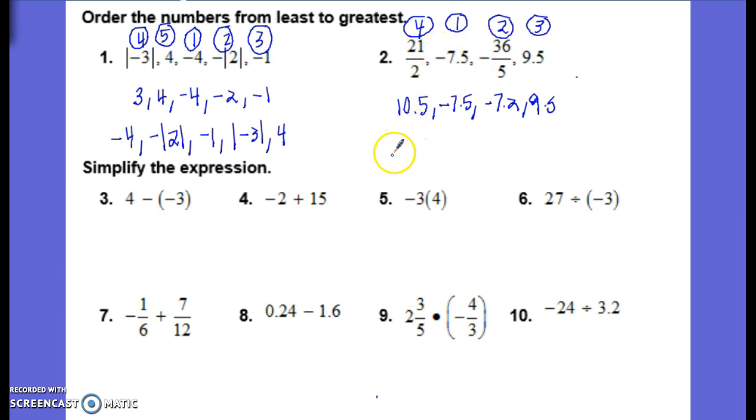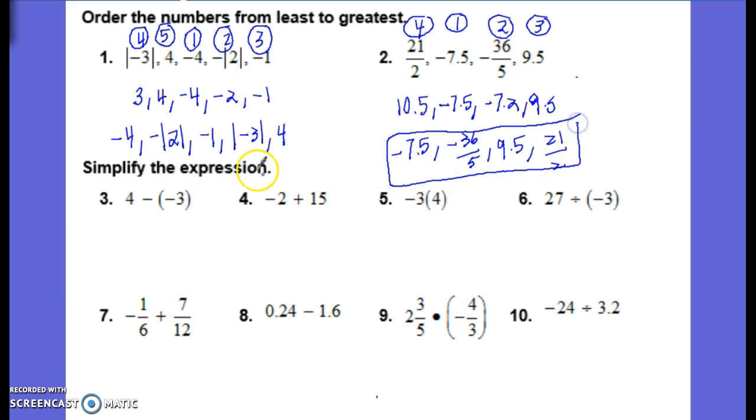So the first one is going to be negative 7.5. The second one is negative 36 over 5. The third one is 9.5. And the fourth one is 21 halves. And then let's go ahead and put a box around our answers so that it's very clear for us to see.